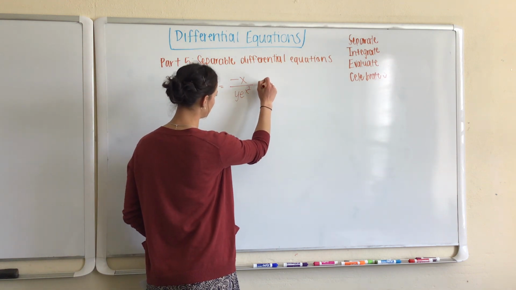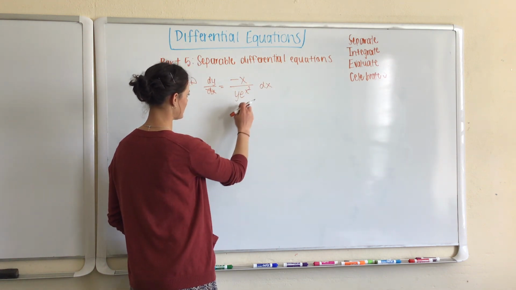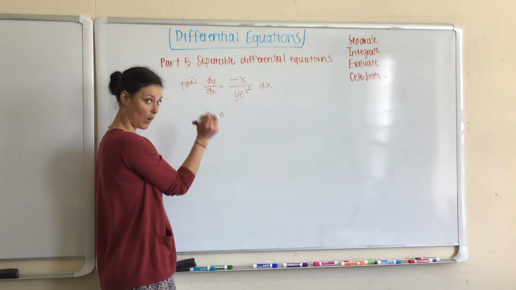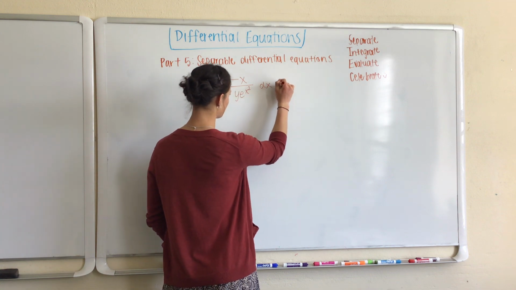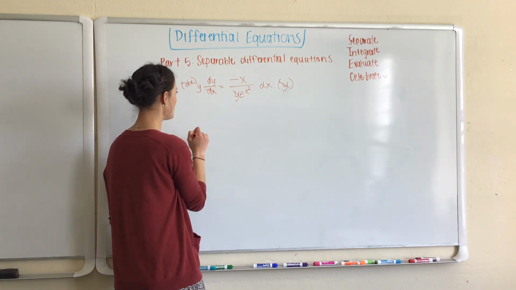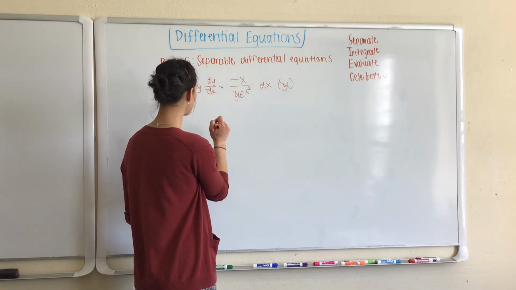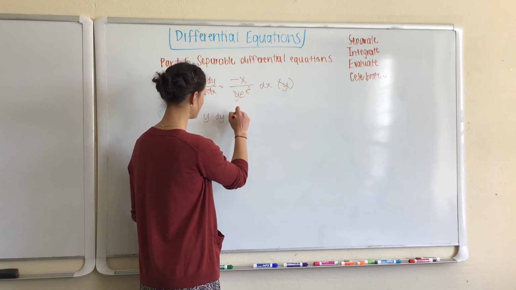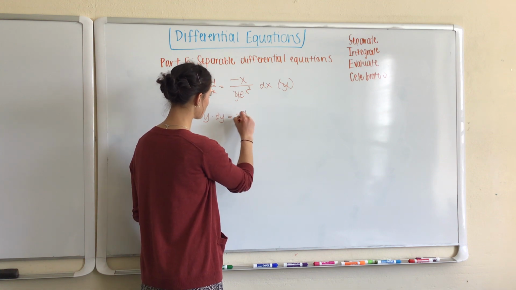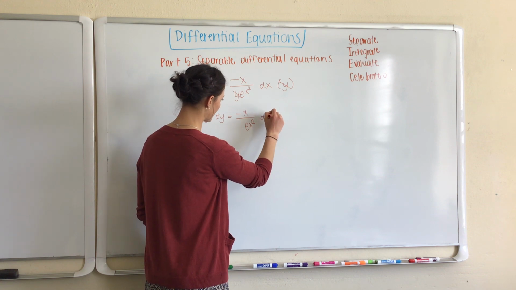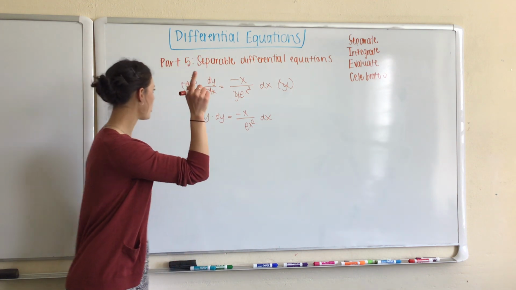Now we have some x's and dx's on one side, but now we want to get this y with the dy. So again, some algebra, get that y over there. Now our expression is y times dy is equal to negative x over e to the x squared dx. That is step one.